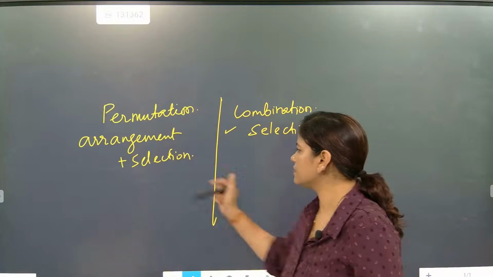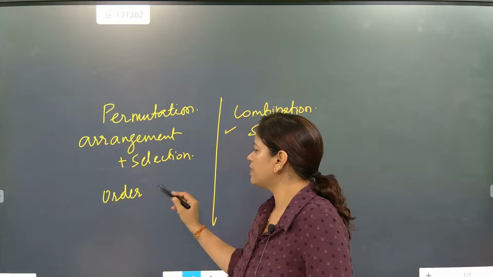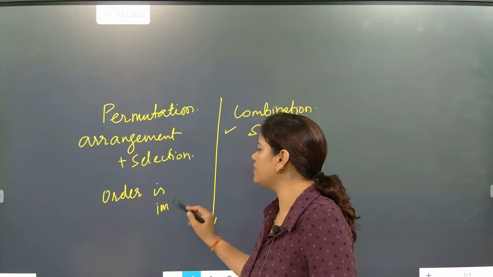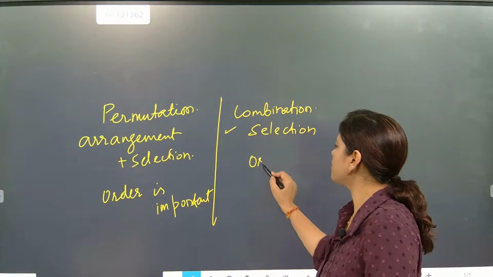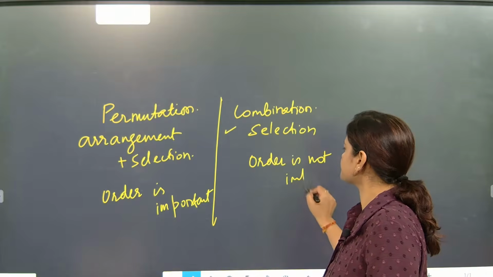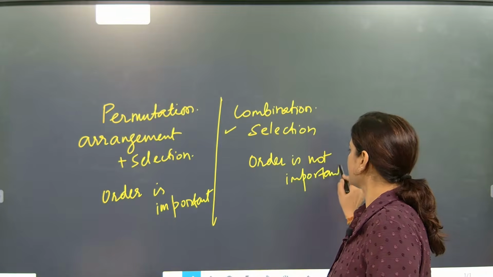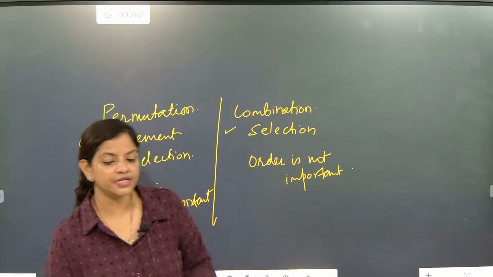So here, order is important. Order is very, very important. It means the order in which you are selecting is important. So here, order is not important. So arrangement is order preparation. Arrangement is what?